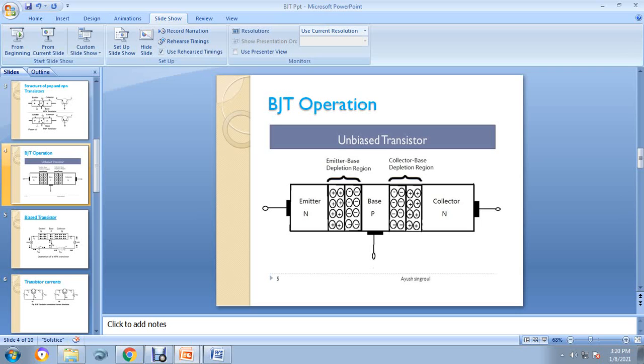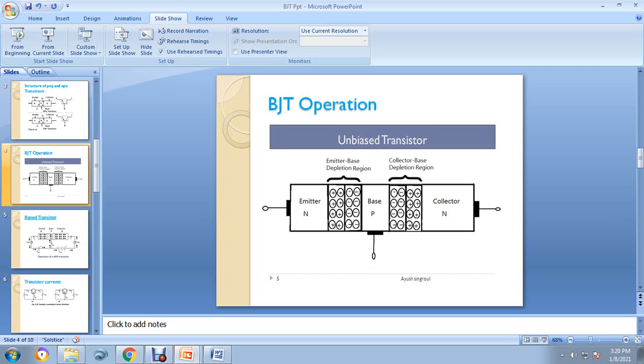During this diffusion process, the depletion region penetrates more deeply into the lightly doped side. The lightly doped side is this one. In order to include an equal number of impurity atoms on each side of the junction, the depletion region at the emitter junction penetrates less in the heavily doped emitter and extends more in the base region.